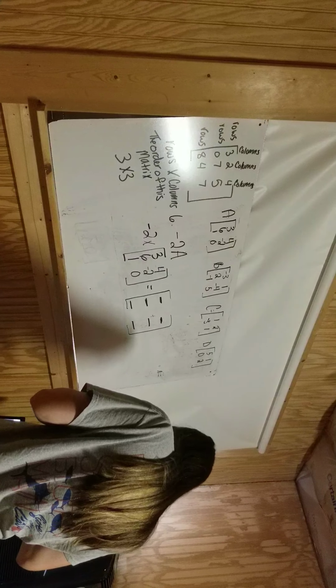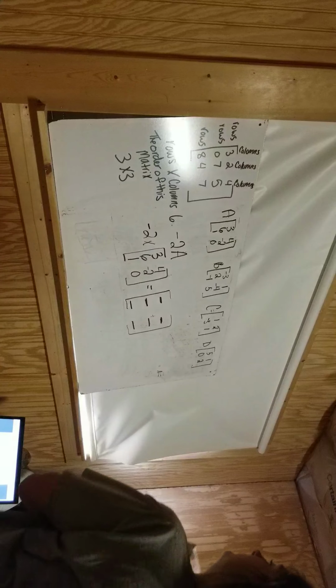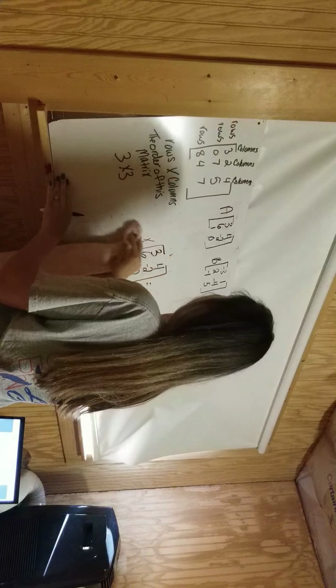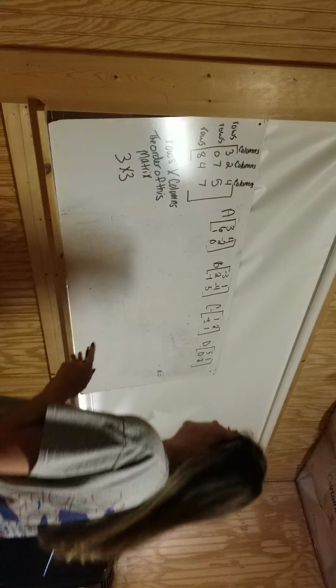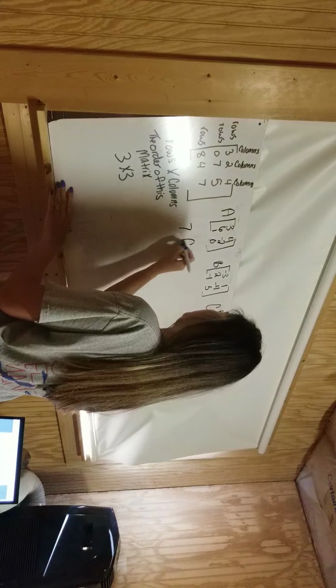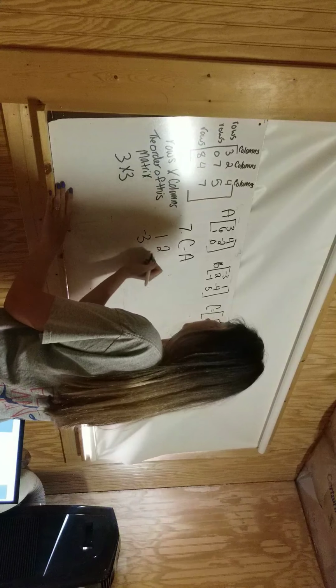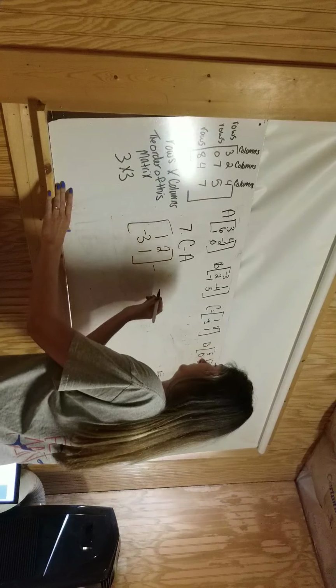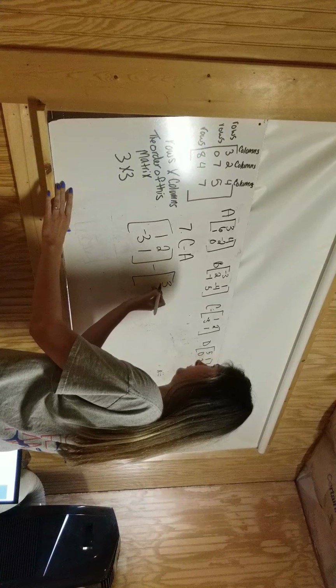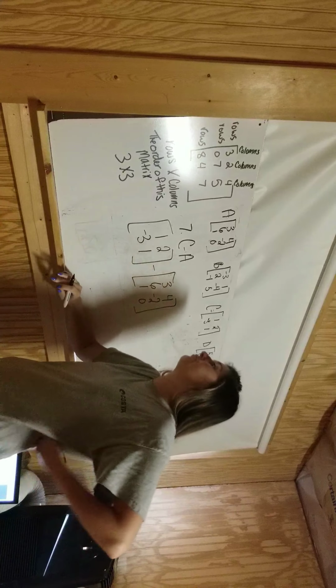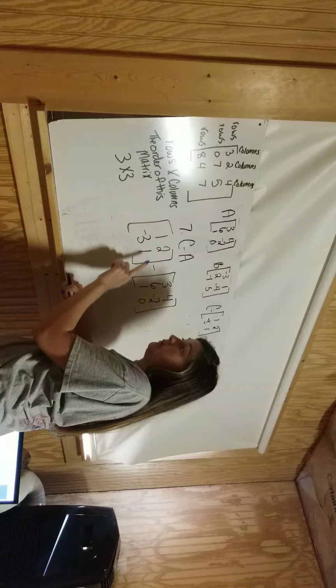All right, number 7. C minus A. Two by 2 and 3 by 2.